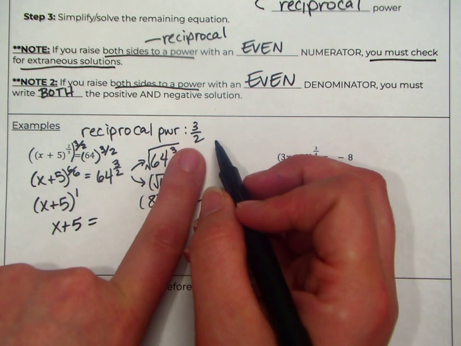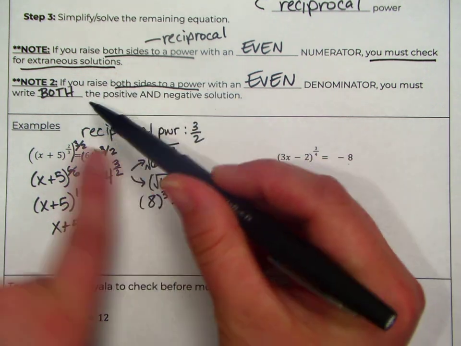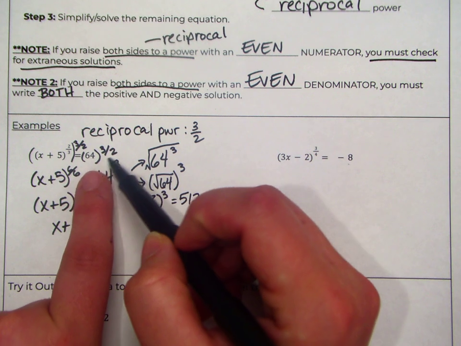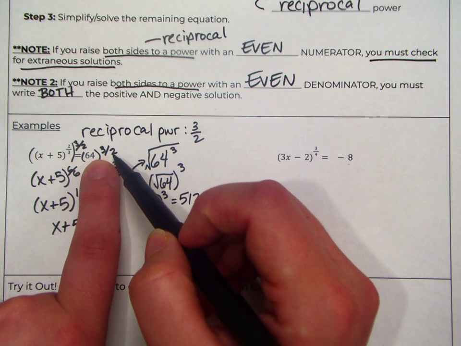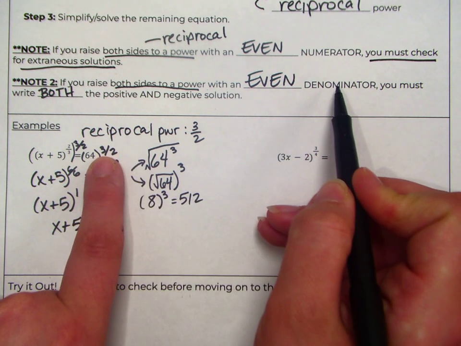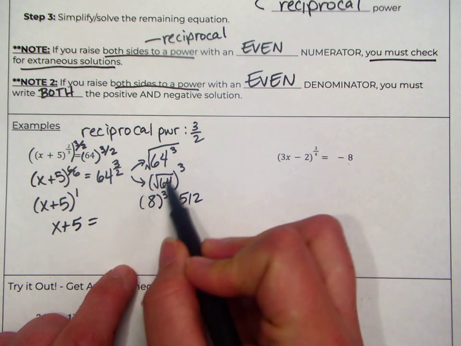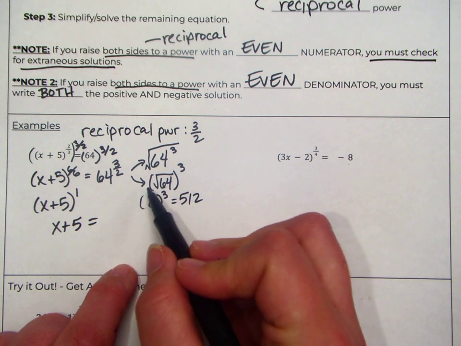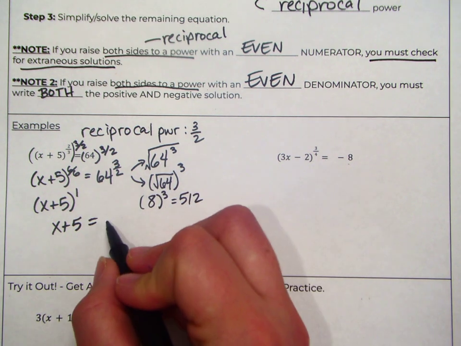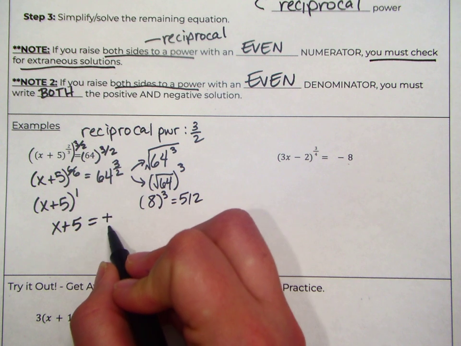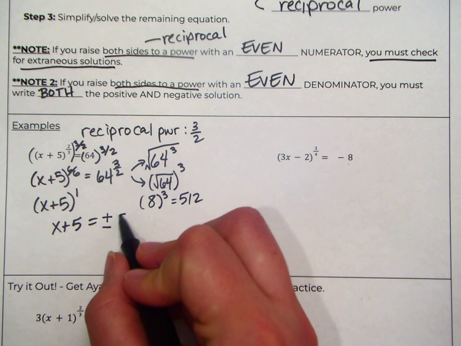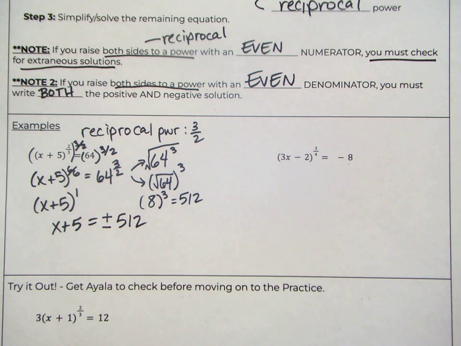But look at our note 2, we raised this side of the equation to a power that has an even denominator. So because we took that square root, we have to account for the positive and the negative of the square root. So we are going to get positive or negative 512. Okay?